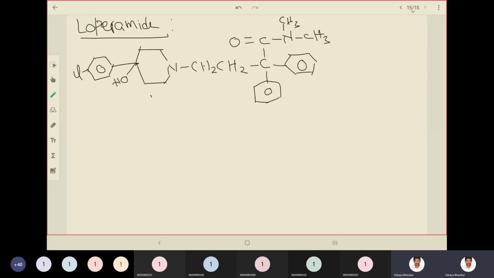If you observe here, you have the same ring, that is piperidine, in loperamide. Amide indicates this functional group, and it is very much similar to the diphenoxylate hydrochloride structure. Only a little difference is there between loperamide and diphenoxylate. Is it clear? Now let us move on to the structure of fentanyl citrate.